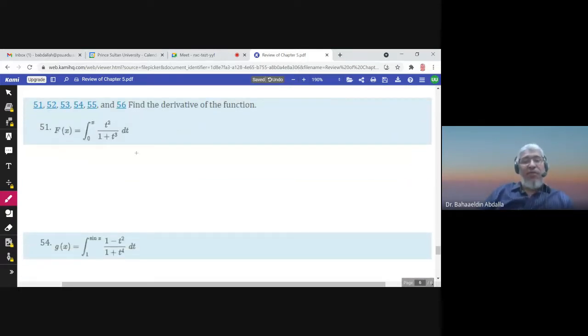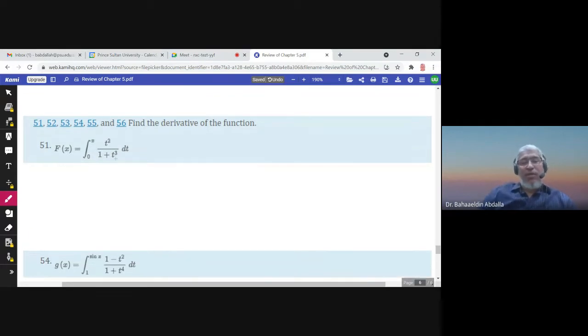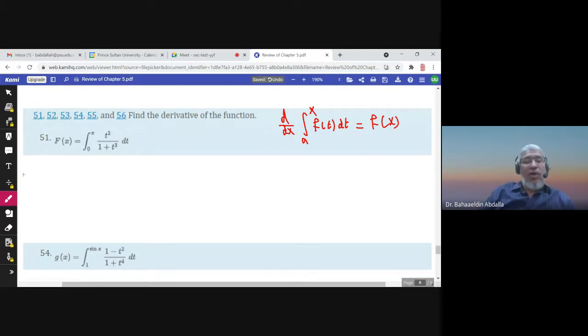Find the derivative of this function. Well, notice that this is an integral. So the derivative of an integral is given by the fundamental theorem of calculus, which says that the derivative of this function is just f of x. So F prime would be the derivative of this integral.